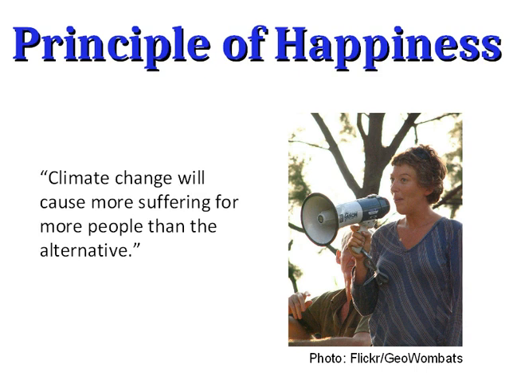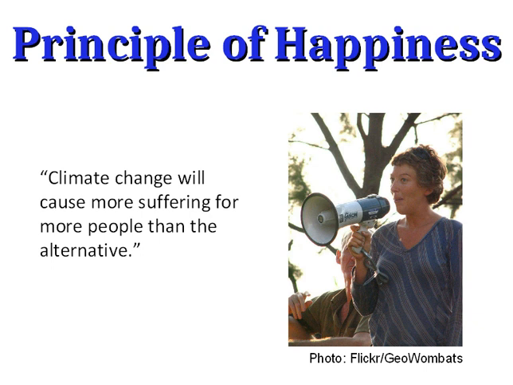The first principle we'll look at is the principle of happiness. The principle of happiness says that an outcome is just if it produces the most happiness for the most people and the least suffering for the fewest people. And a situation is unjust if it produces less happiness and more suffering than was otherwise possible with another choice that could have been made.